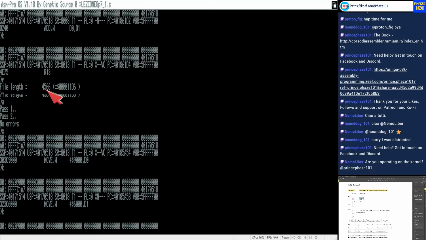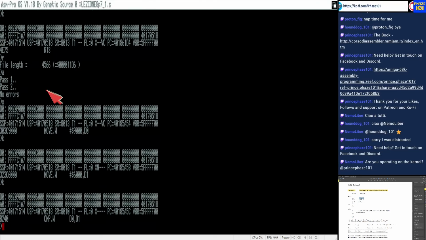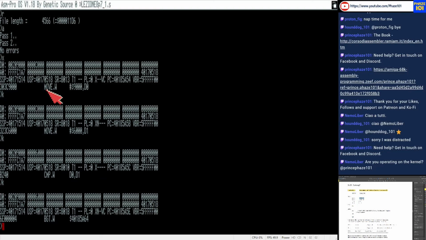We are going to move the 6,000 into D1. We are going to compare them. Look at the flags. We have X, N, V, and C set. Is the number bigger? It is. Hence, we do the jump.